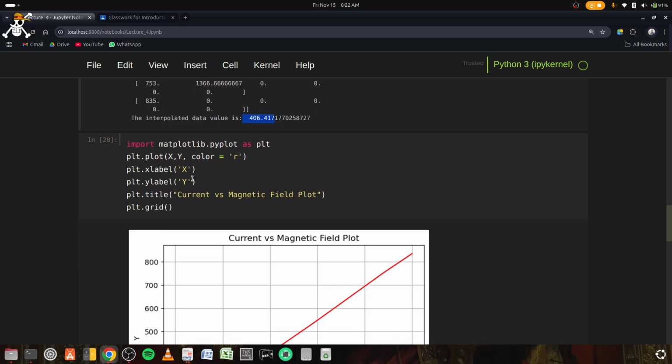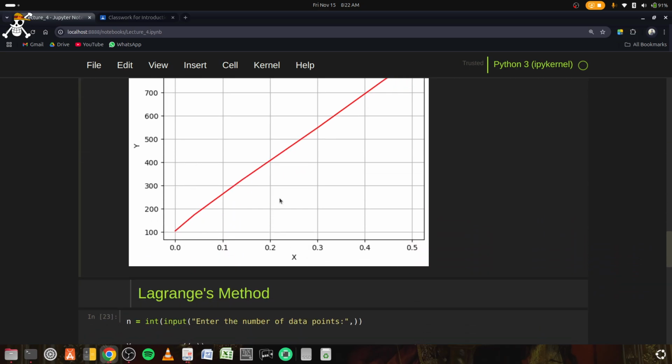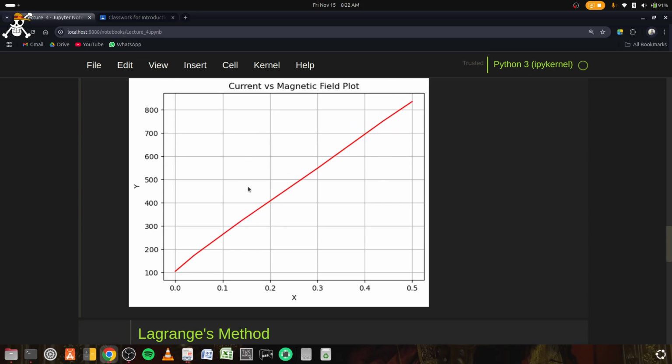And you can also plot your data, this XY data, using matplotlib. And here if I plot them, as you can see, this is the real function, this is the actual function. There is nothing interpolating here. In the actual function, you can see that at the point of 0.2 ampere, it is actually close to 406 Gauss, right?